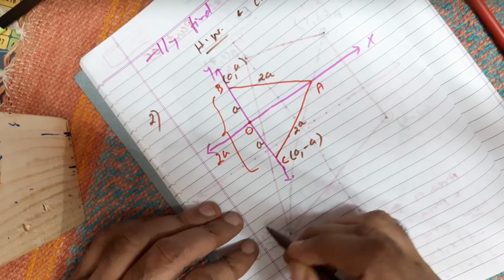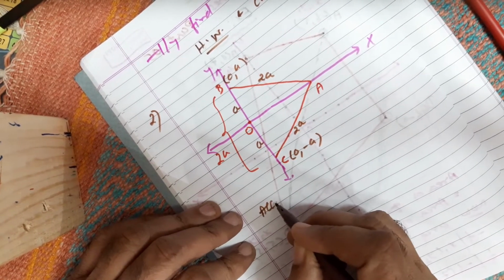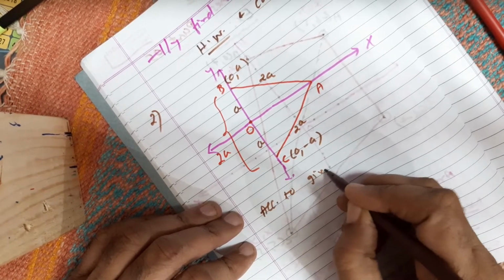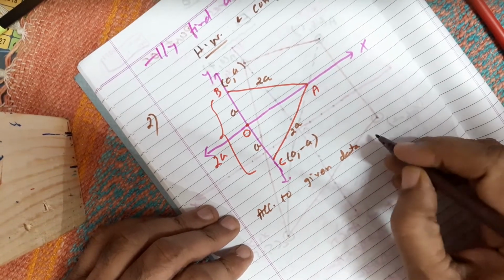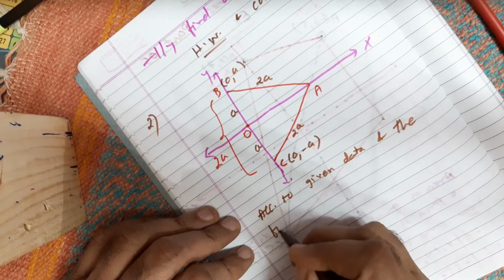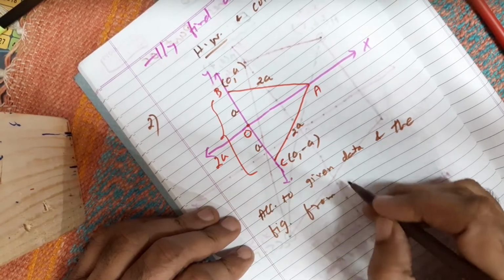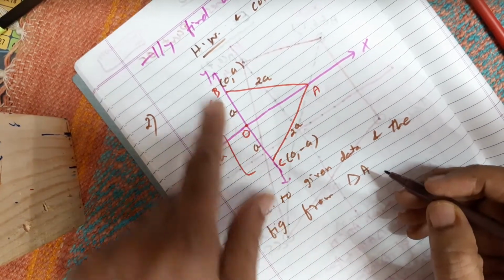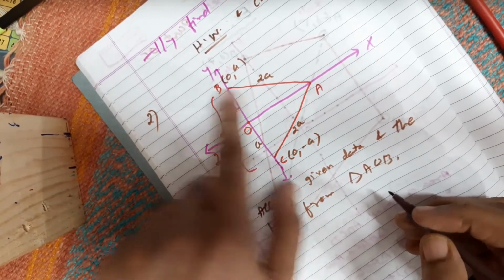So in right angle triangle, by the given data, according to the given data and the diagram and the figure, from triangle AOB, Pythagoras theorem apply कर दो.